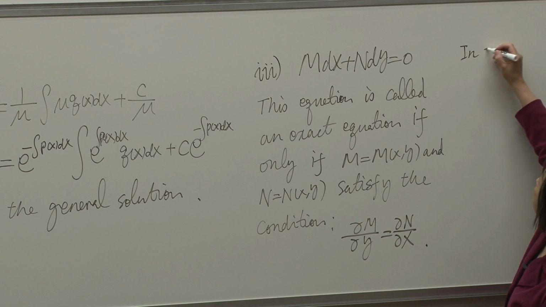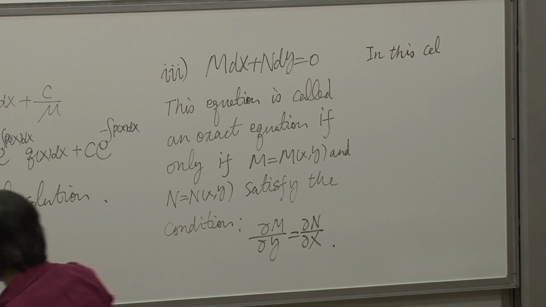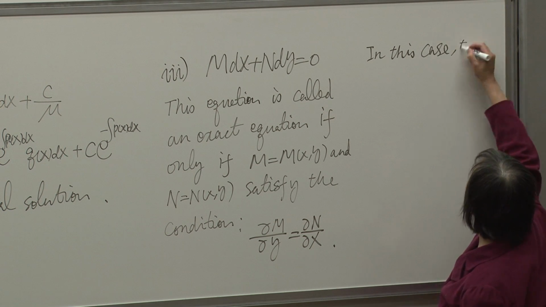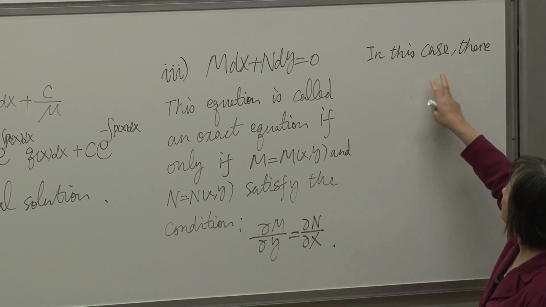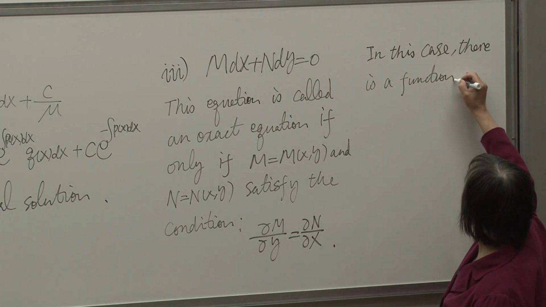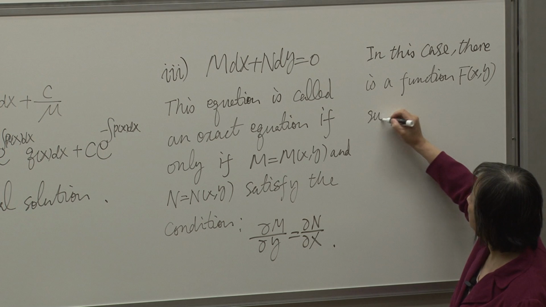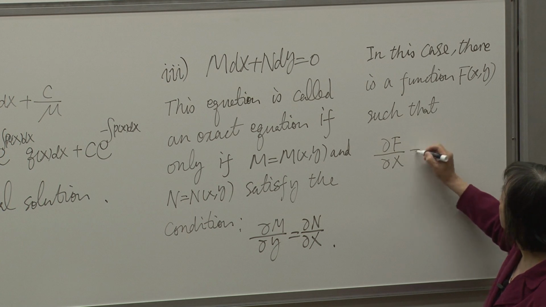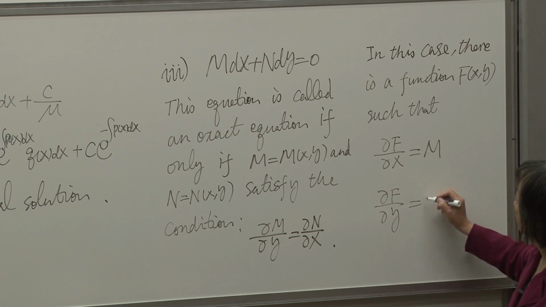In this case, that means if we have an exact equation, then there is a function denoted by f of x, y such that the derivative of f with respect to x is m, and the derivative of f with respect to y is n.